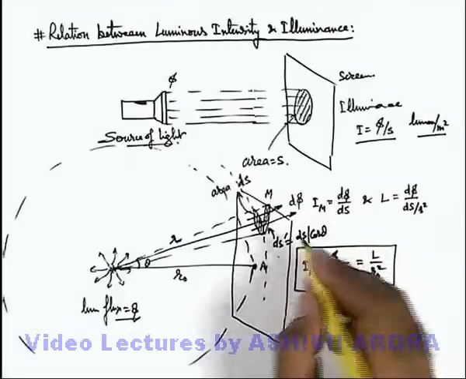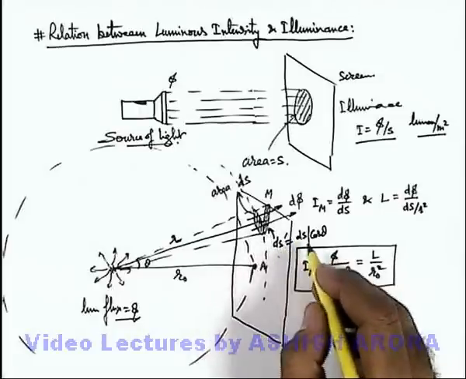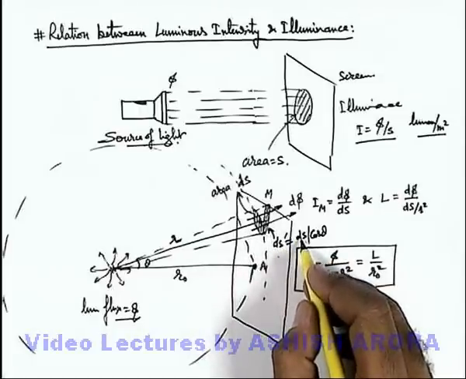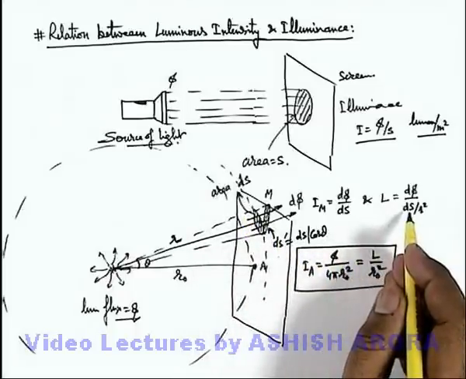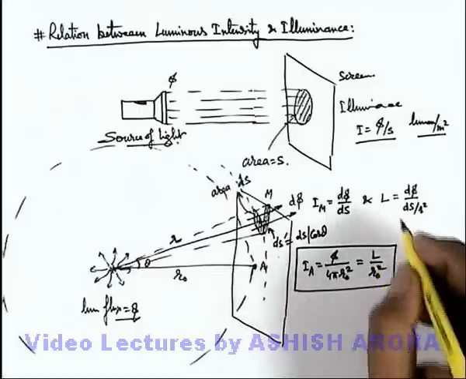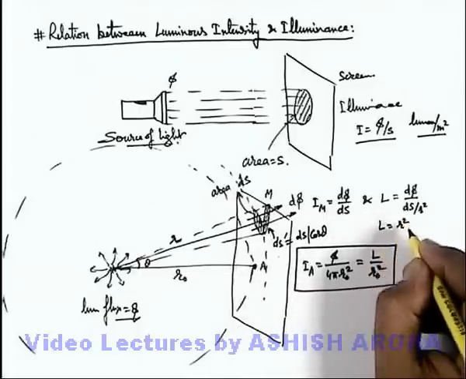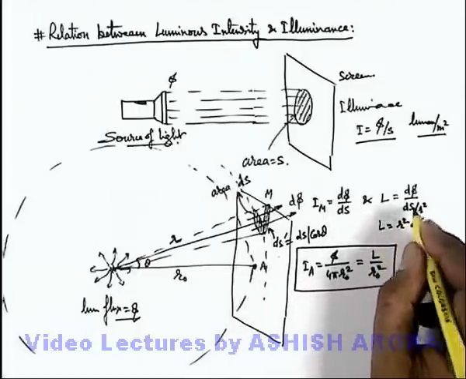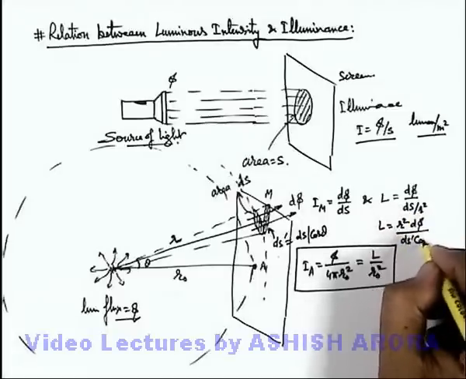So on this surface where light energy is incident, it is ds prime. So here ds we can write as ds prime cos theta. So here you can see the value of luminous intensity we can write as r square d phi divided by ds, which is ds prime cos theta.